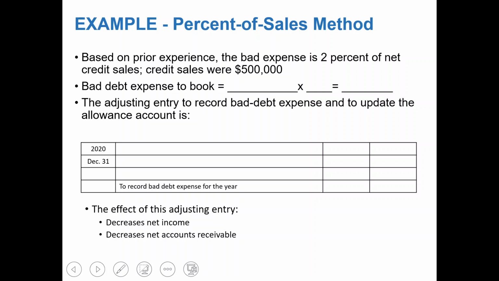Okay, so here is an example. Based on prior experience, the company thinks that the bad debt expense is 2% of net credit sales, and the credit sales for the year were $500,000. So we calculate in the percentage of sales method, we're calculating bad debt expense.